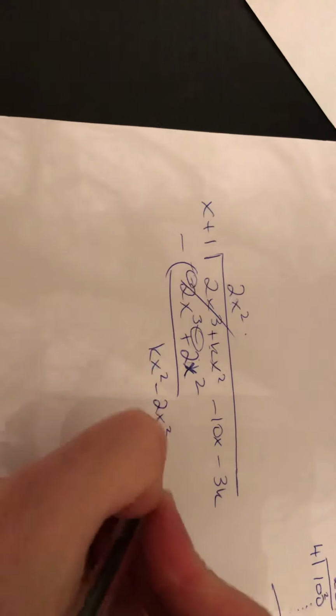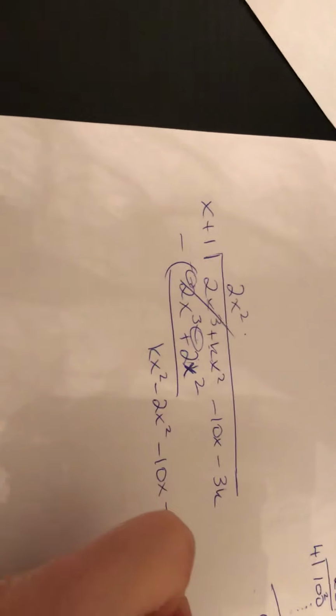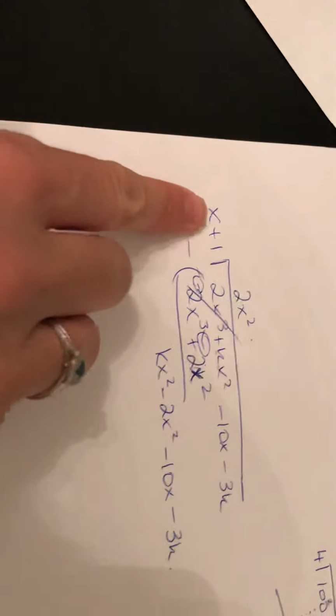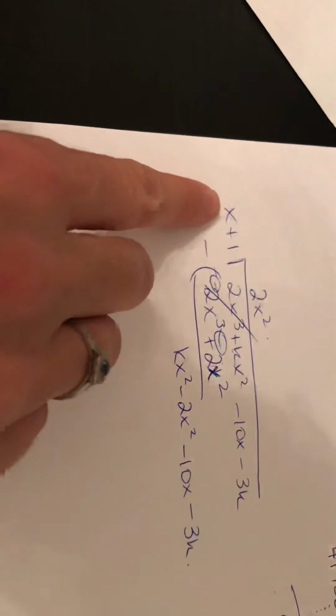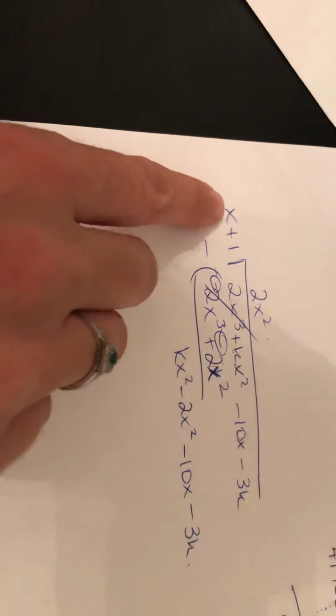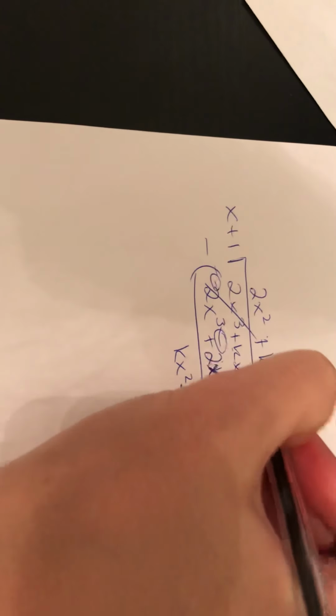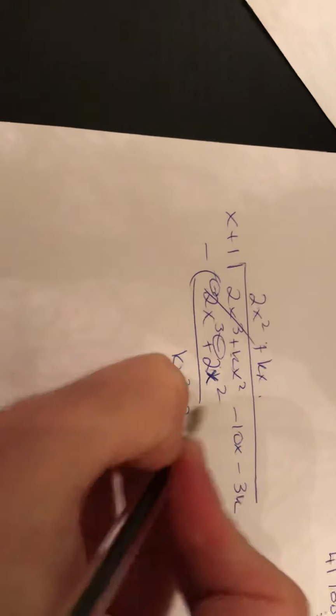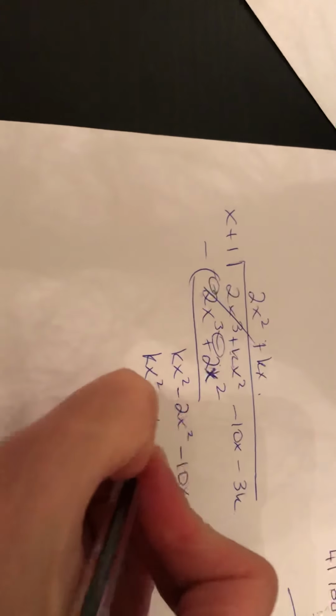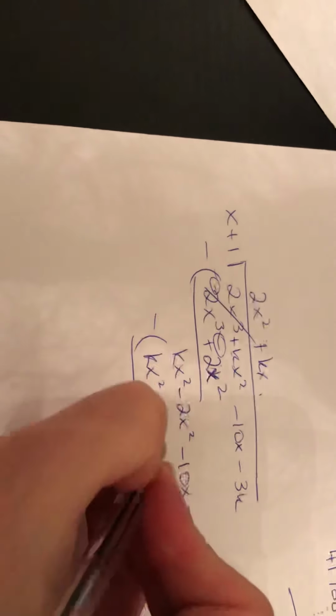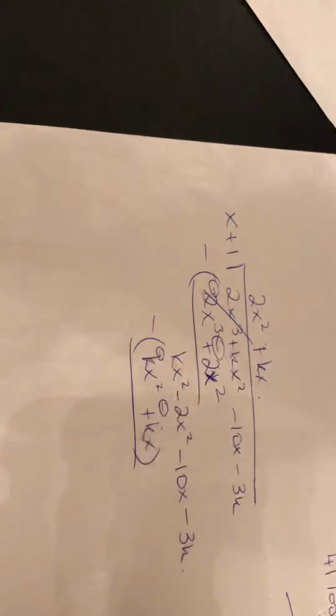Take down the rest of your question and go again. This is so repetitive, but you need to take your time with it. x multiplied by what gives me a kx squared? That would give a kx. Multiply that out and I subtract. Okay, that's gone.